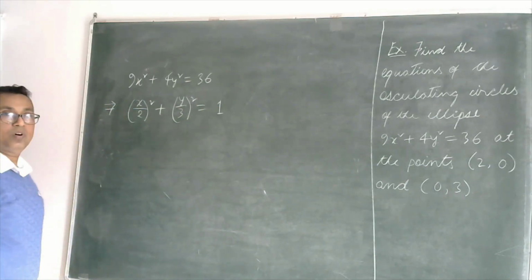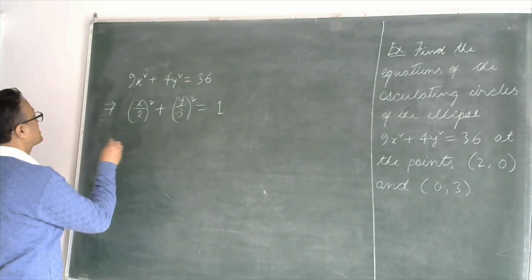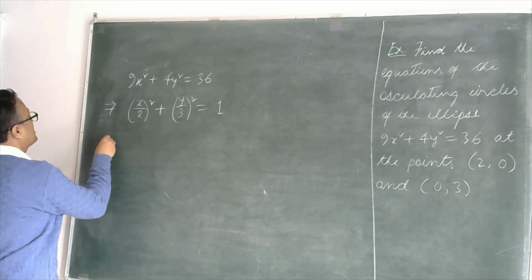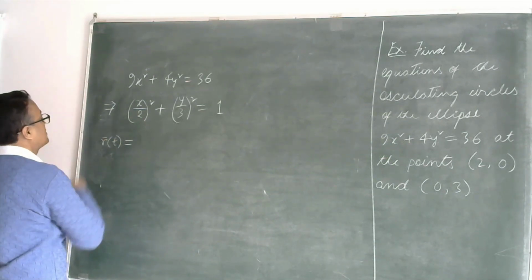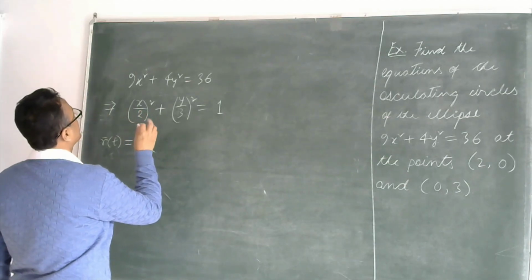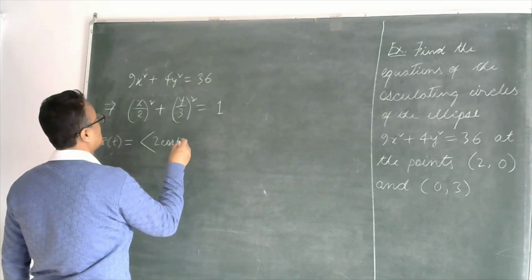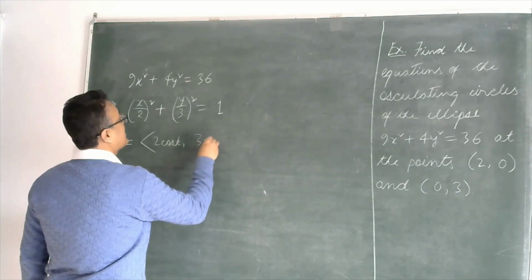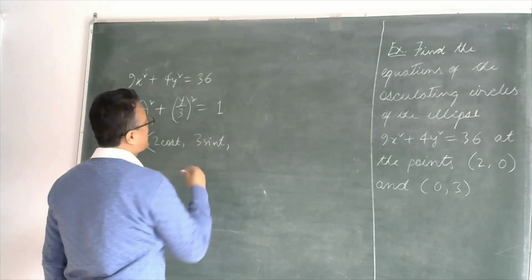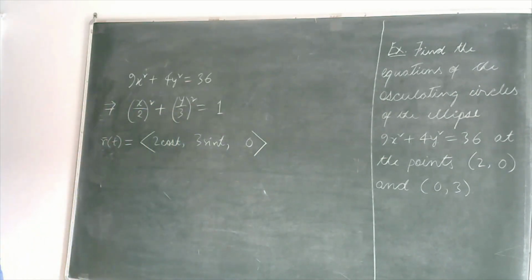Now if you parameterize it, our job becomes much easier. This ellipse can be parameterized by the vector 2 cos t, 3 sin t, and because it is a space curve, you may add the third component as 0.